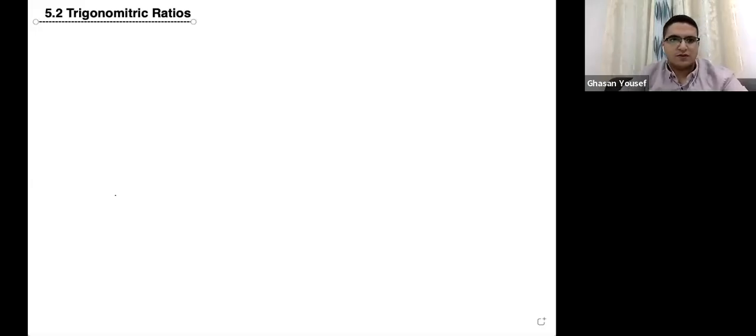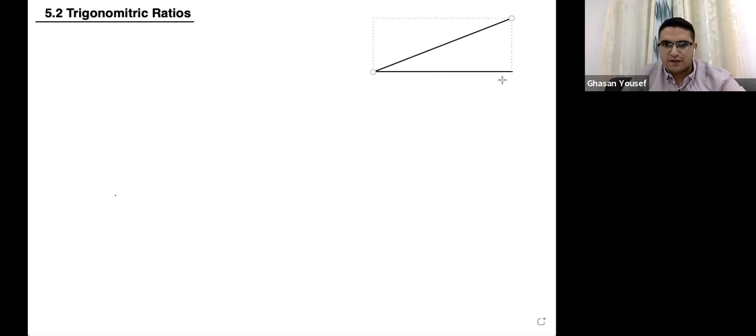Okay, so trigonometric ratios 5.2. Last time I started talking about a triangle like this. It has an acute angle. If I have a triangle like this, suppose this angle is my theta.